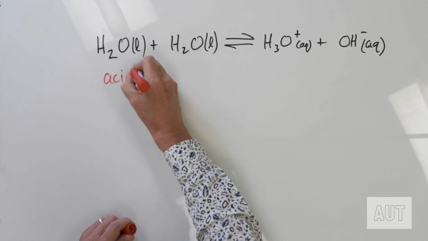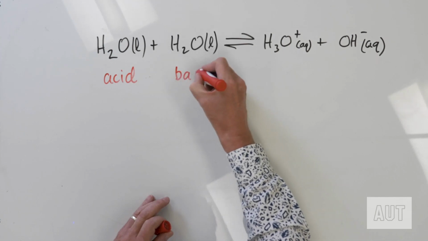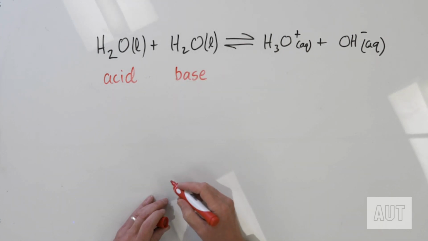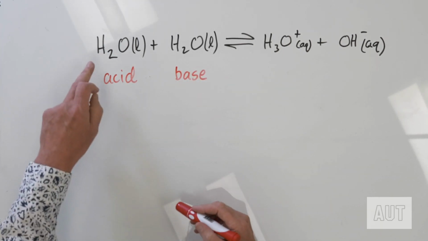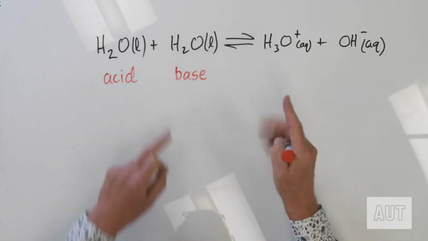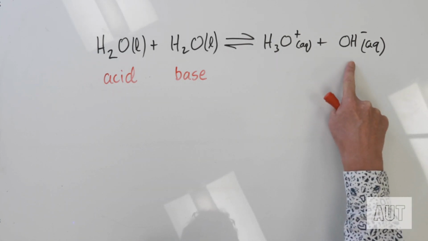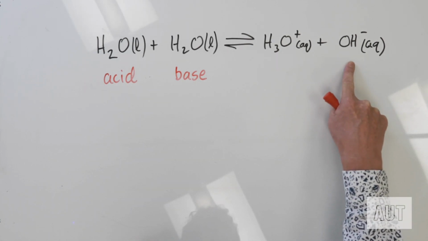This is going to donate one of its protons to this molecule of water, which is then going to act as the base. Okay? So this donates a proton to this. The net result of that is formation of H3O+, the hydronium ion, and the OH- ion.